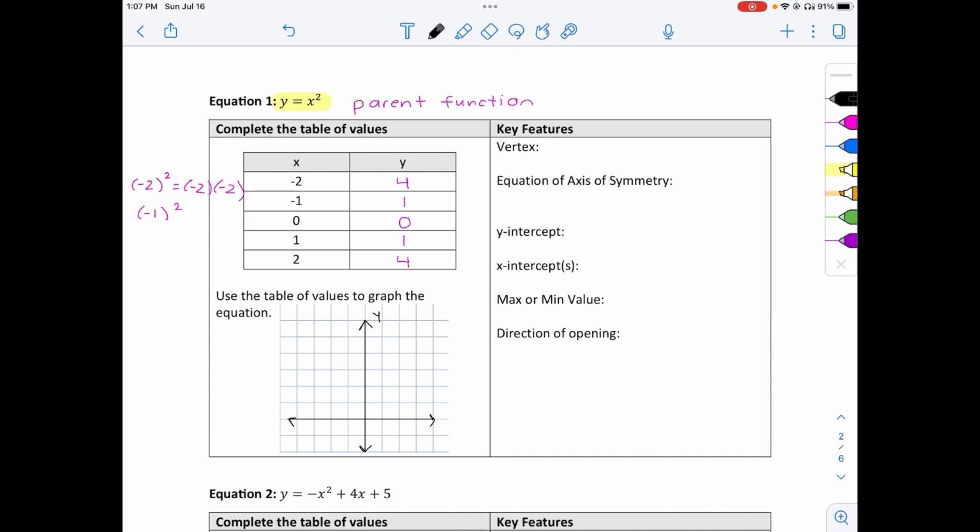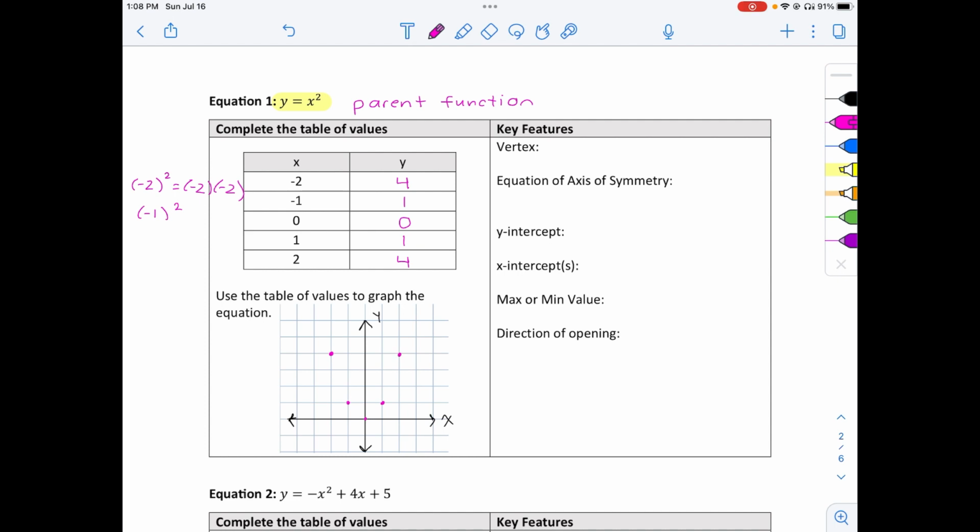I'm not going to write my numbers on the curve just because it'll be too crowded, but I have -2, 4, which is here. I've got -1, 1, which is here. 0, 0, 1, 1, and +2, +4.